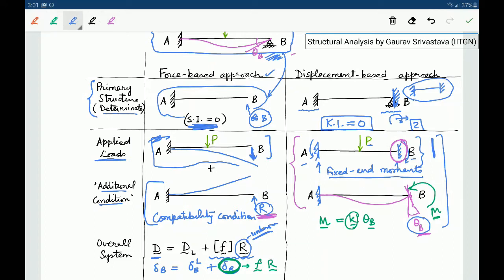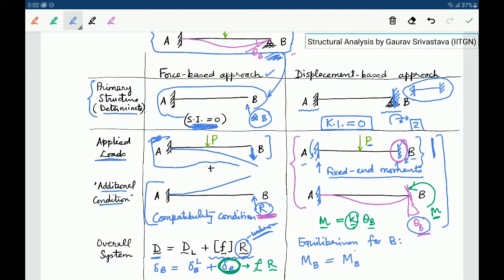Once we have written that, we can then write the equilibrium for point B. If we want to write the total moment at B, that will have two components.